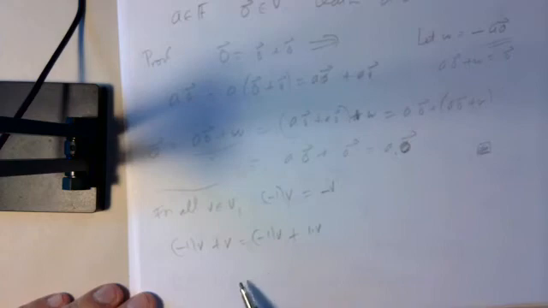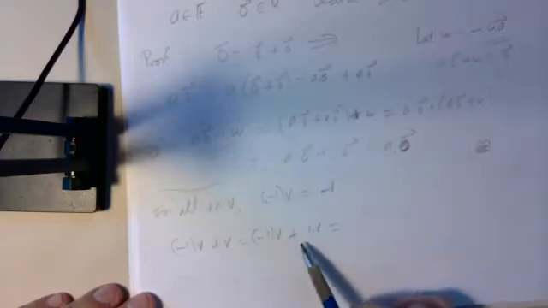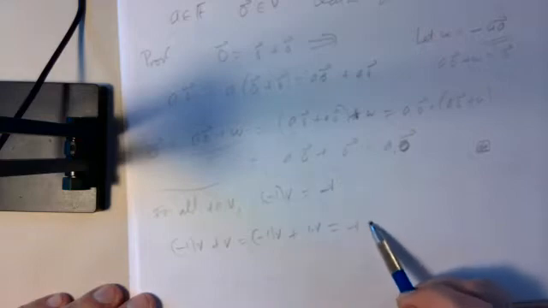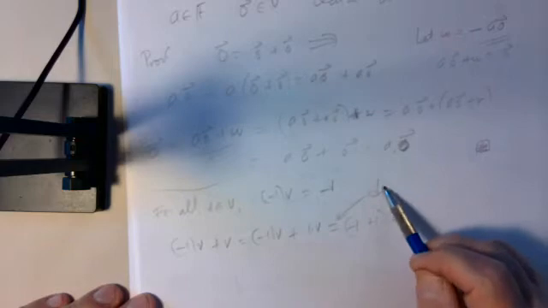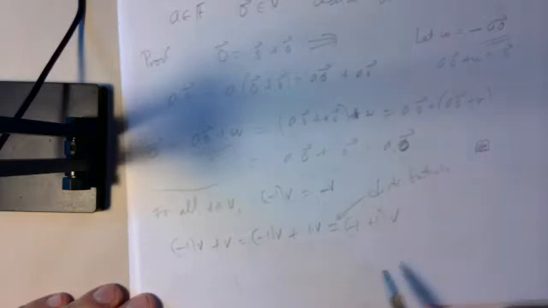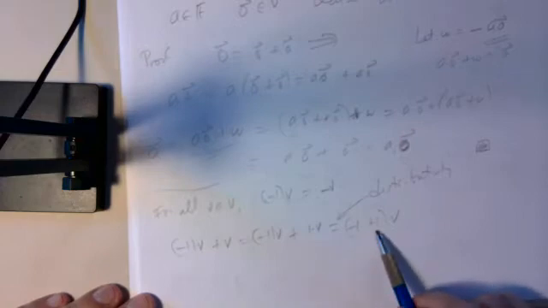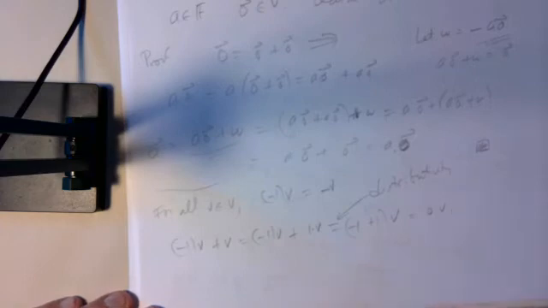Of course, one of the axioms of scalar multiplication is 1 times the vector is the same as the vector. But then I can use the distributive law. This is -1 plus 1 times v, by distributivity. And -1 plus 1, these are numbers. -1 plus 1 is 0.